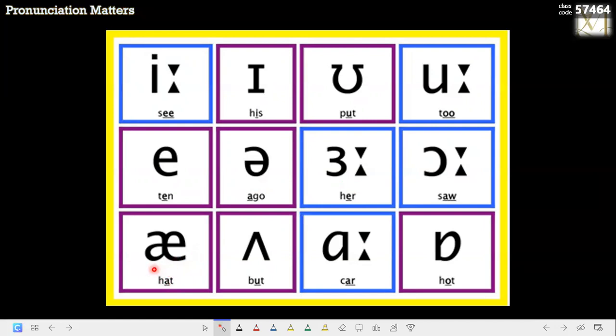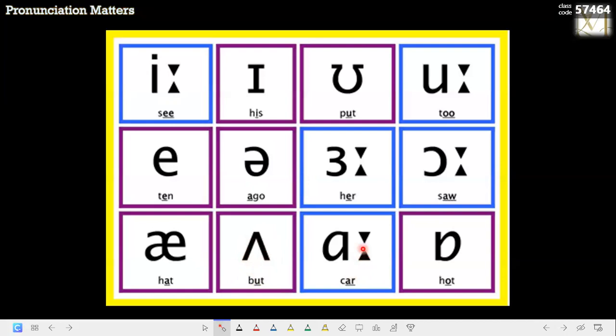The transcription here represents a sound like the word hat, okay? And this transcription shows the sound like the word but, okay? And it is always called the but sound, like the word but.